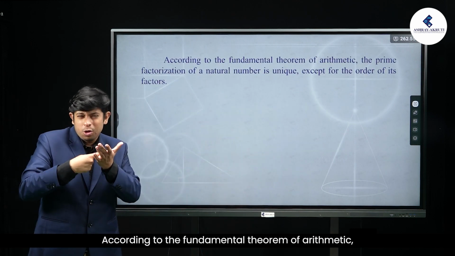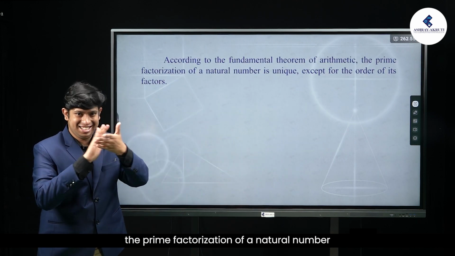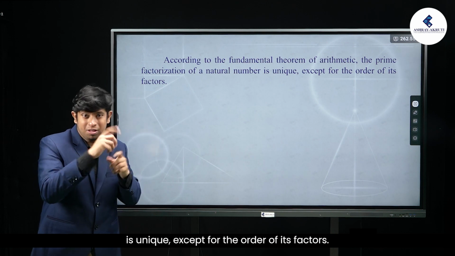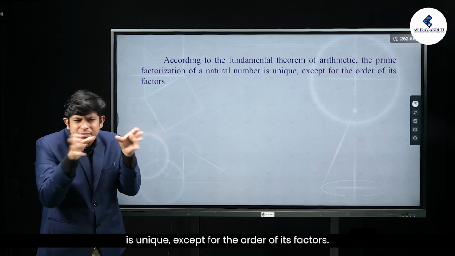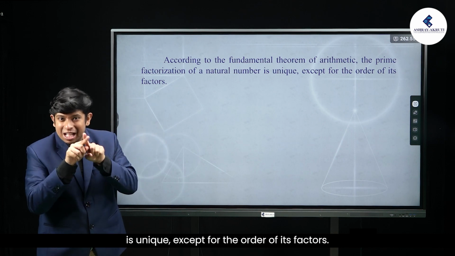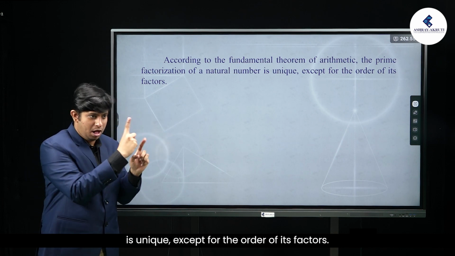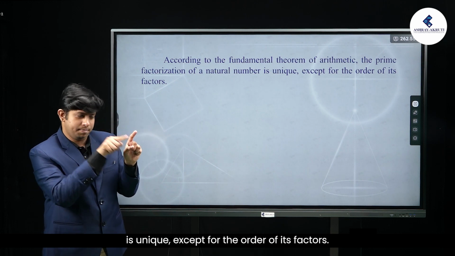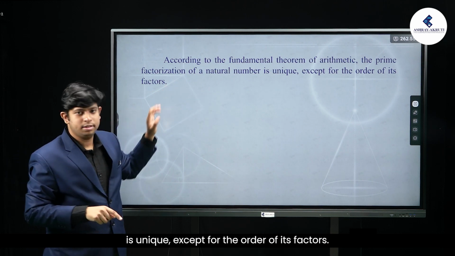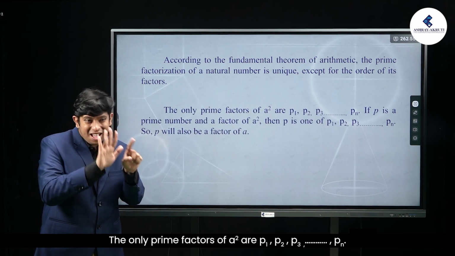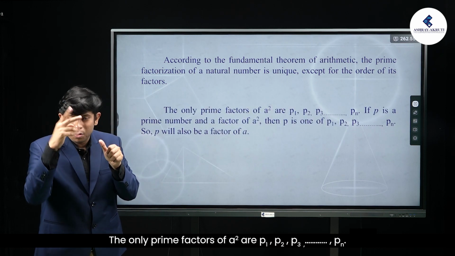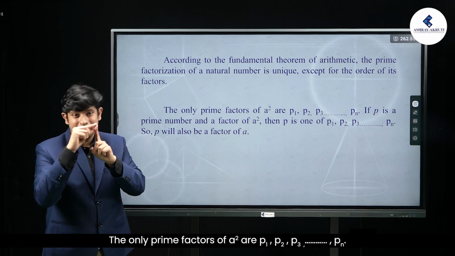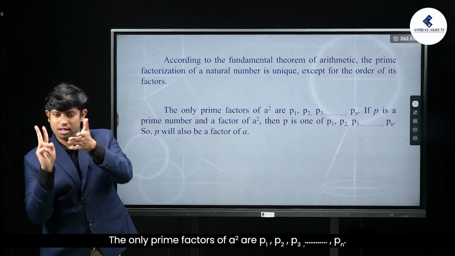According to the fundamental theorem of arithmetic, the prime factorization of a natural number is unique except for the order of its factors. The only prime factors of a square are p1, p2, p3, so on, pn.